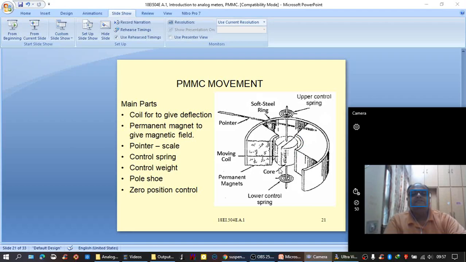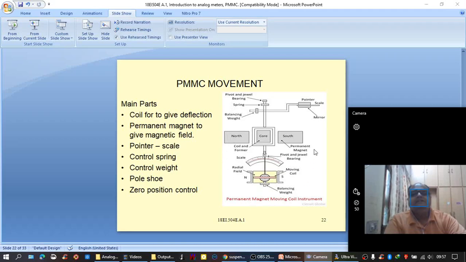The soft iron cylinder is used as the core for the movable coil. That means the movable coil is wound on the soft iron core, and here is the pointer and the two control springs, upper and lower control springs.